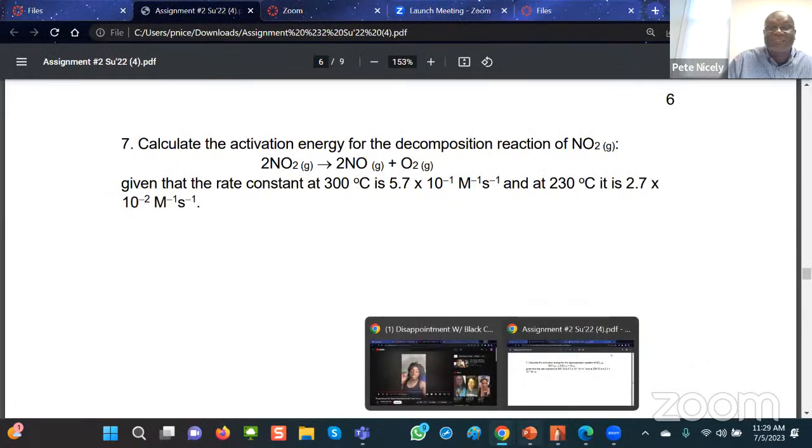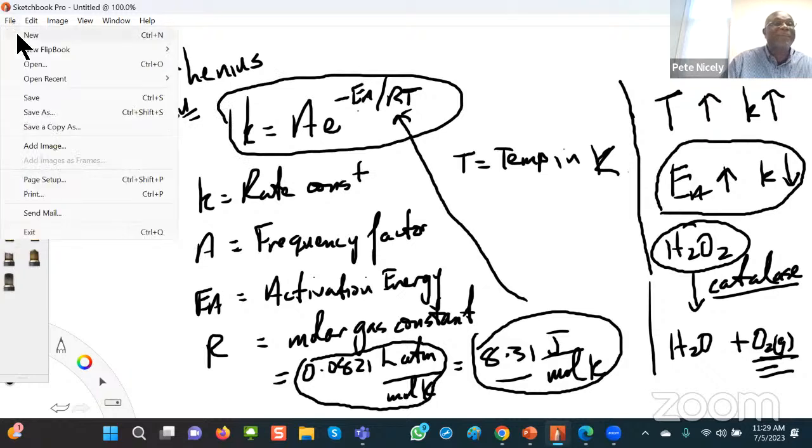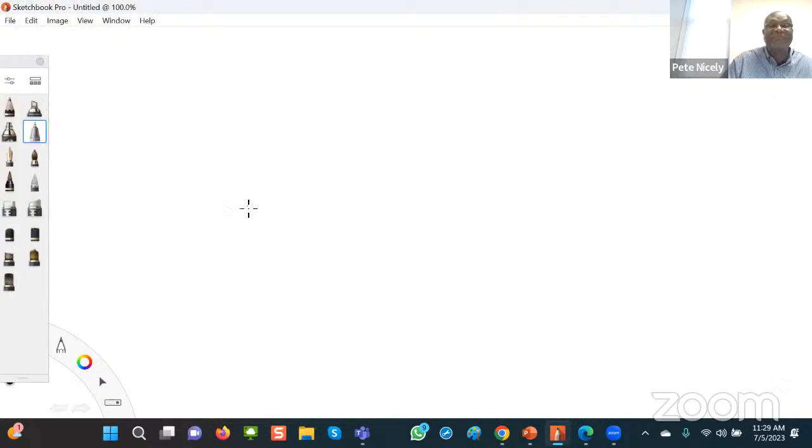Let me go back to this right here. So this is one form of the Arrhenius equation, right? But you can also express this in another form. In fact, let me get rid of all this here and let me write down this form of the Arrhenius equation, which is K is equal to A e to the minus EA over RT.